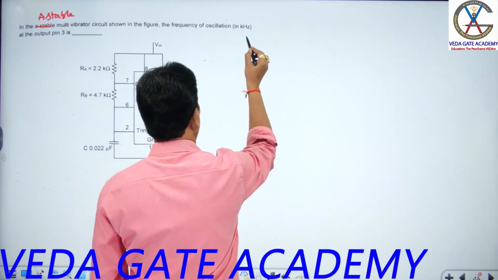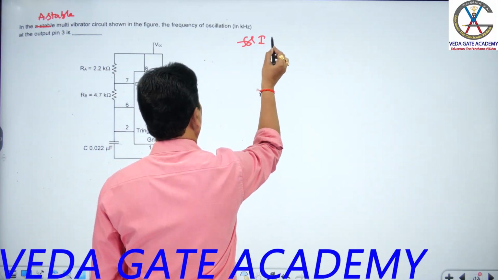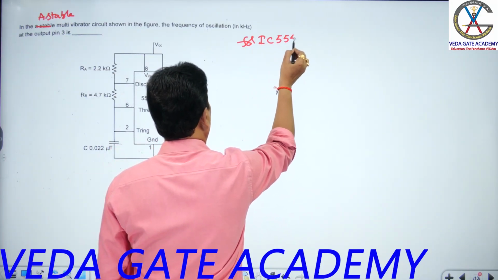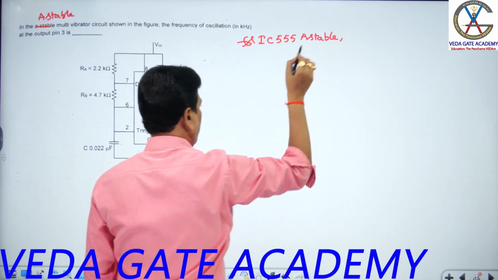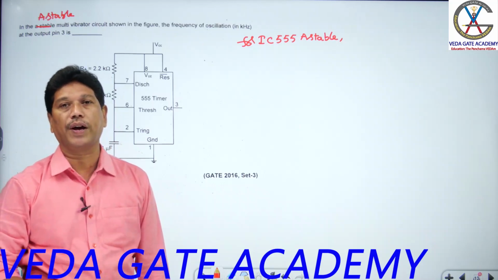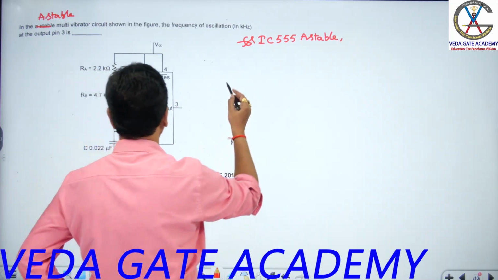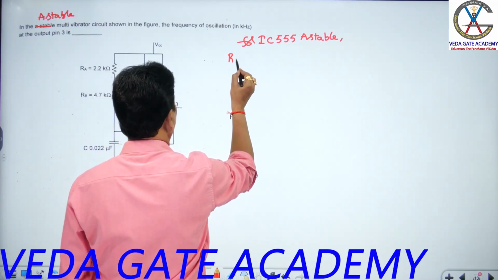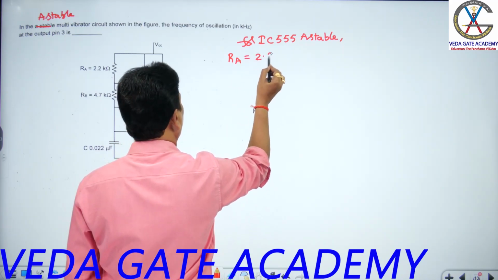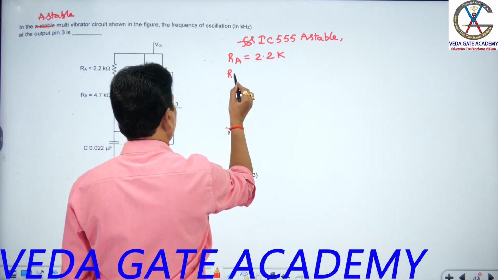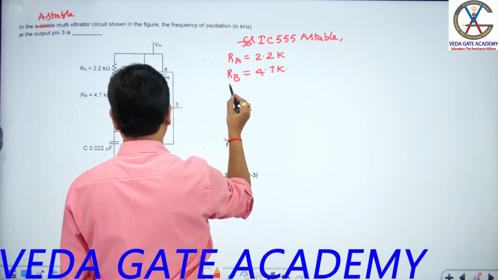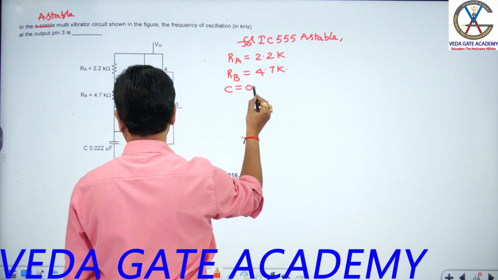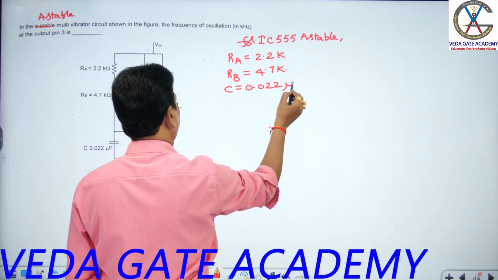So this is an IC555 astable, students. What are the conditions given? RA is given 2.2k, RB is given 4.7k, and capacitance is given 0.022 microfarad.